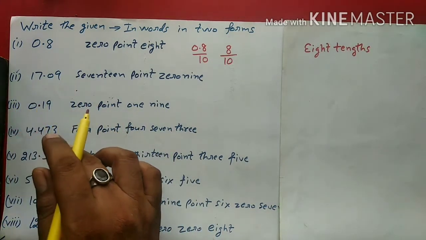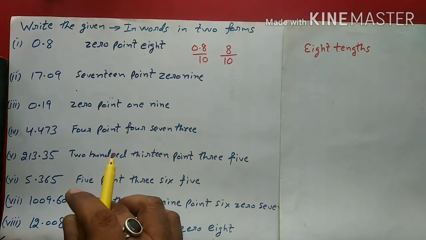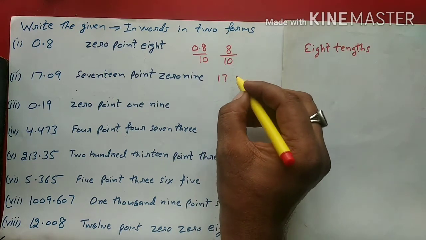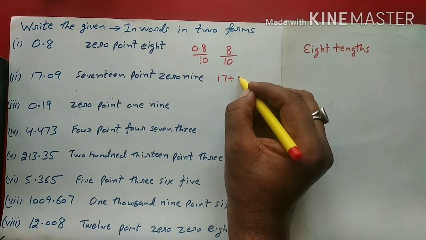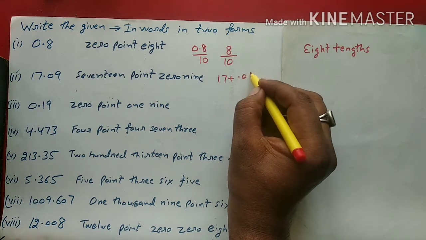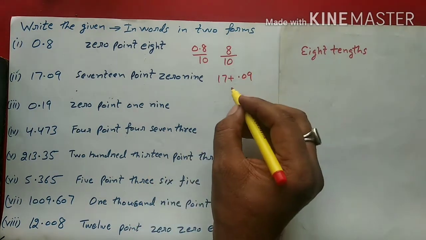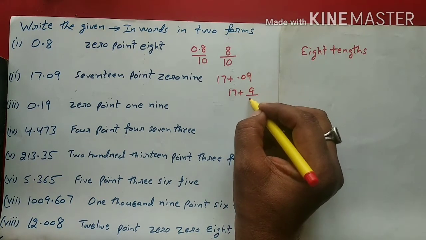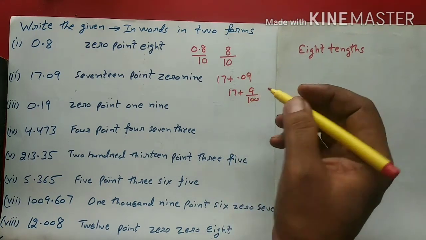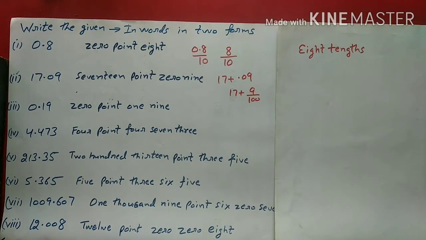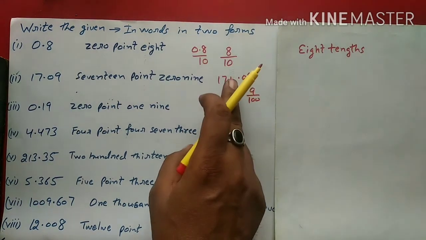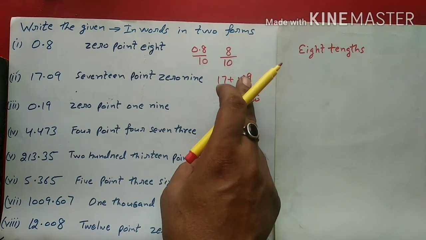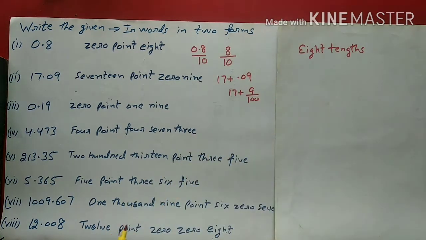Now here you can see 17.09. This can be written as 17 is a whole number and 0.09 is added to this. So it means 17 plus 9/100. Why 100? Because after the decimal there are how many digits? 2 digits. So in place of the decimal I have written 1, and as many digits as after the decimal, that many 0s I will write in the denominator.